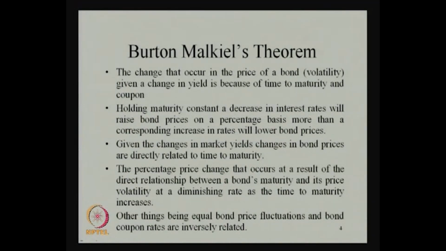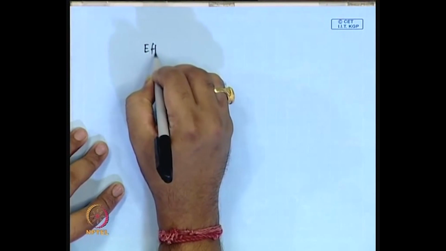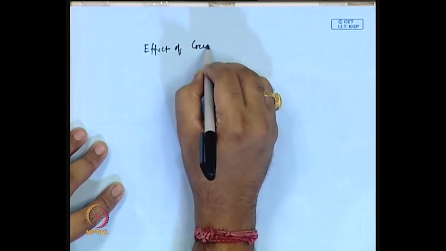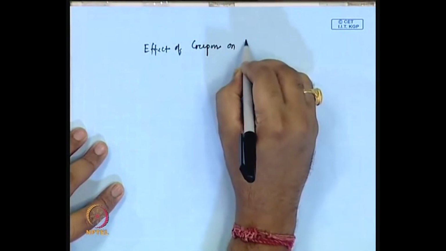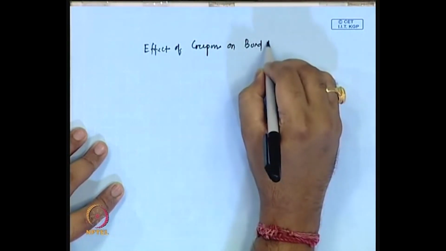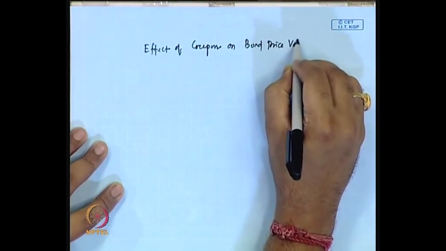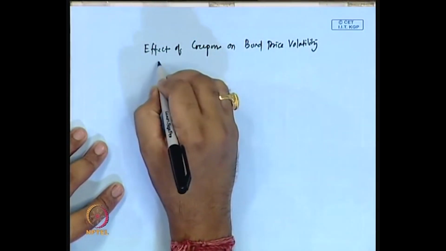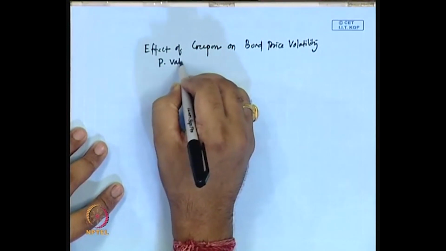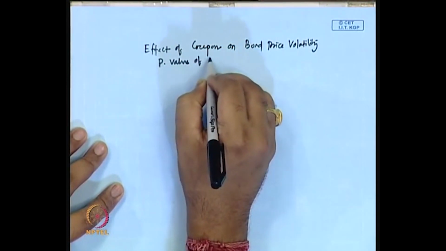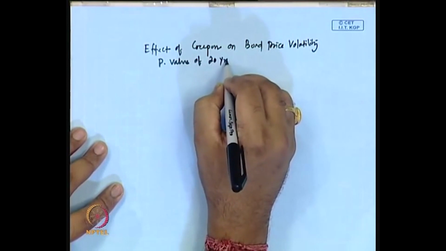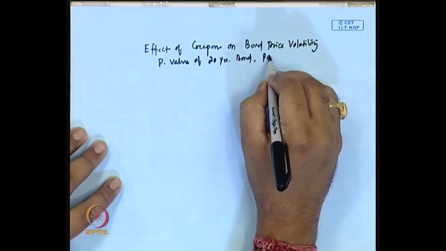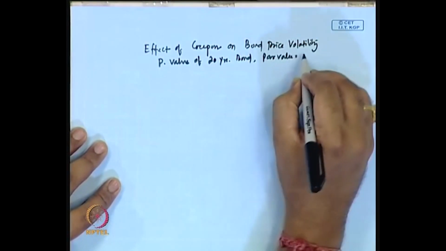Then we can observe the effect of coupon on bond price volatility. Here we have taken a 20-year bond where the par value is 1000 rupees.